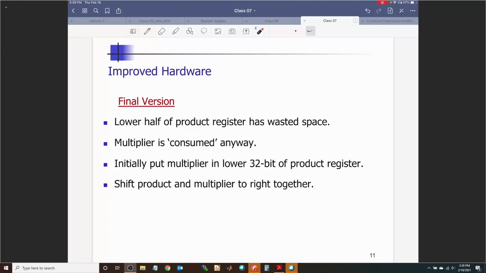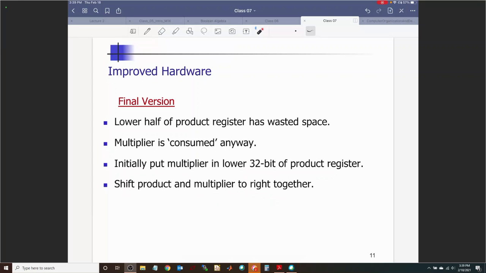So we can split up that product register into a multiplier field and a product register field. We can initially put the multiplier in the lower 32 bits of the product register. And then as we are looking at the least significant bit of the multiplier, we can make our decisions. We can shift the product and multiplier to the right together.